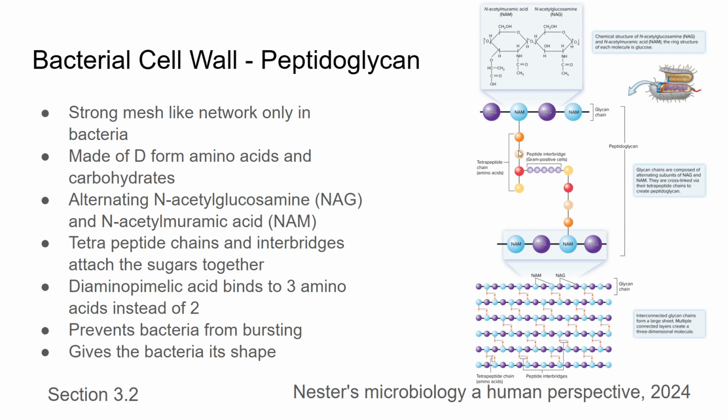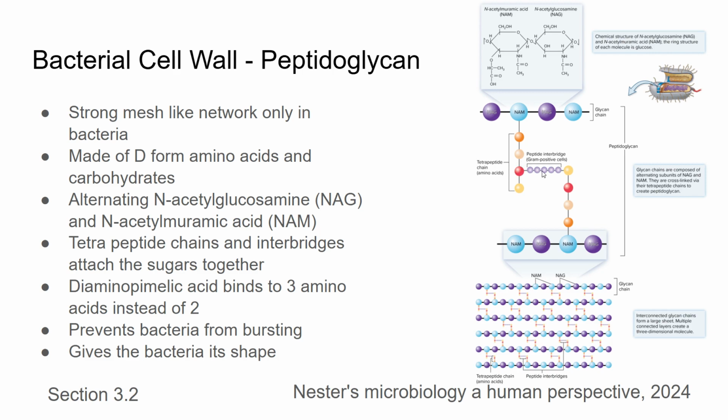So when we look at this tetrapeptide chain, we can see something unique. We have an interbridge or a cross bridge in gram-positive cells. Now, this is actually going to make this amino acid very special because it's not just making a long chain like we had figured out amino acids do. It's making a branch.